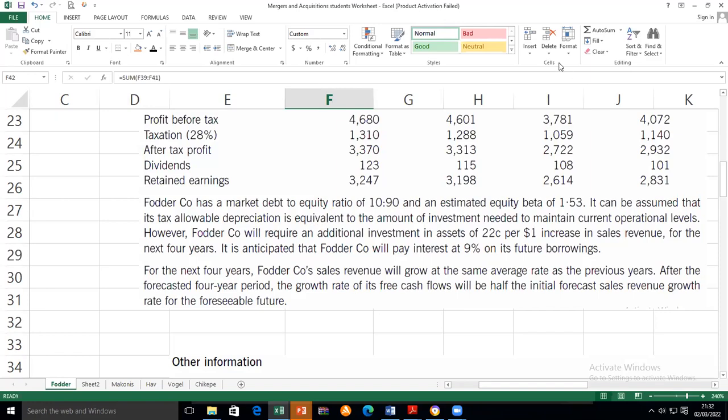You need the cost of equity. We need the cost of debt.